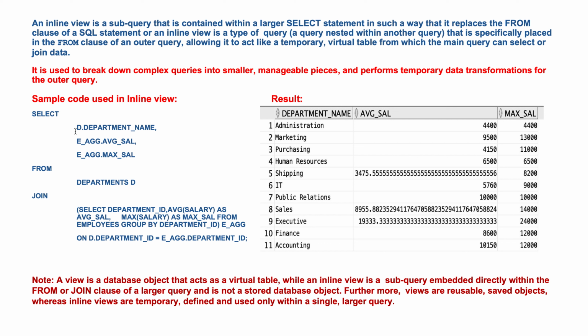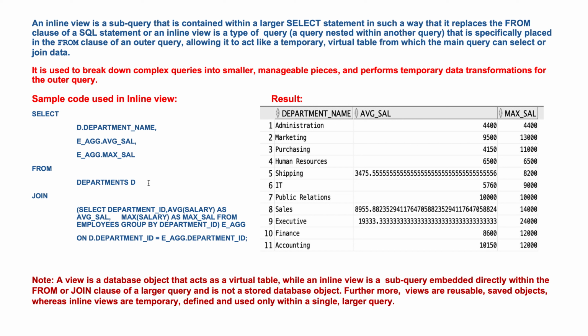First of all, let me select department name, where D is the alias name for department, E underscore aggregate dot average salary, which is coming from the joining condition, which is coming from the inline view. Similarly, E underscore aggregate dot max underscore salary. This column is also coming after joining with the employee table.